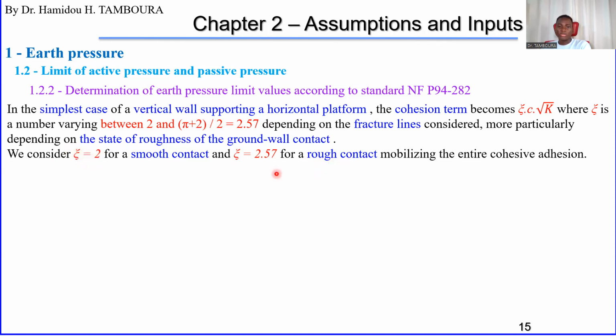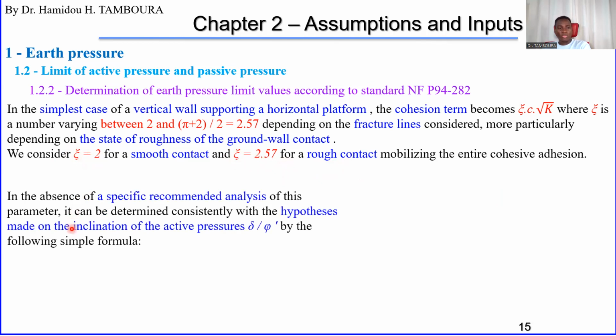For rough contact, the epsilon will be 2.55. In the absence of specific recommended analysis of this parameter, it can be determined consistently with the assumption made on the inclination of the active pressure. In that case, you can obtain the epsilon using this formula.